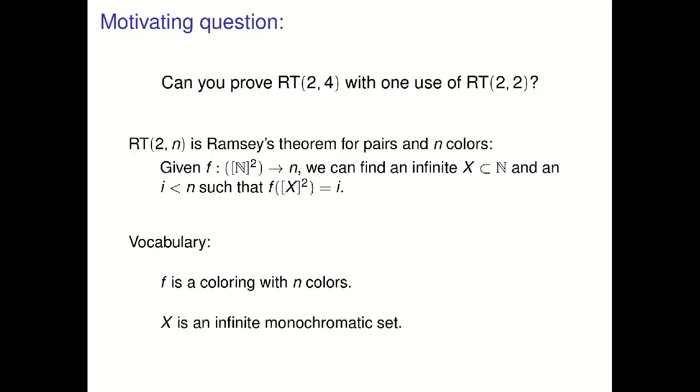So Ramsey's theorem says that if you map the pairs of natural numbers into n colors, so the numbers between 0 and n minus 1, then you can always find an infinite subset of the natural numbers such that the function applied to all the pairs taken from that infinite set are the same color. So they're monochromatic, right? A lot of times we call the function a coloring, and we refer to the set as an infinite monochromatic set.